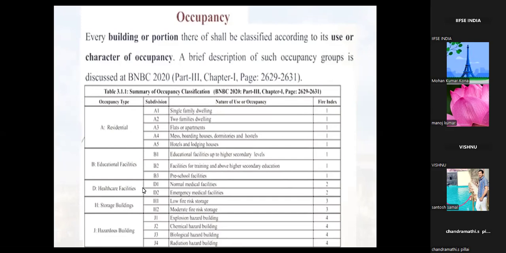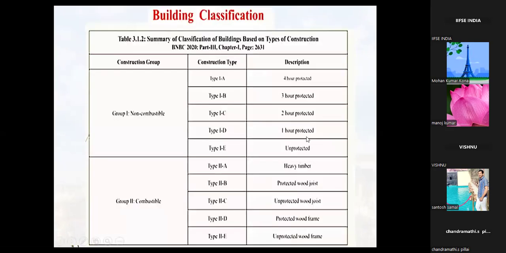The educational facilities B1 to B3 are again classified with fire index 1. Now health care is 2, storage buildings 3, and hazardous buildings 4. So depending upon the occupancy, it is mandatory that you select the right type of fire detection and alarm system.